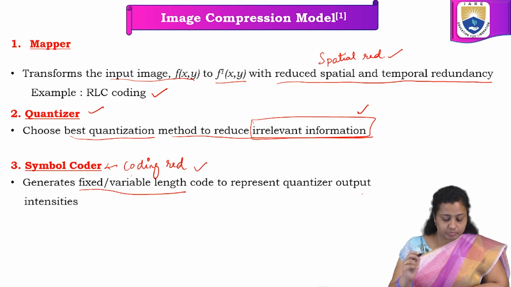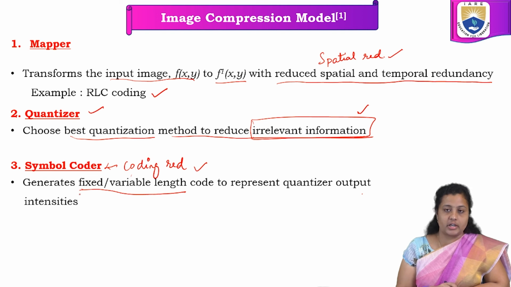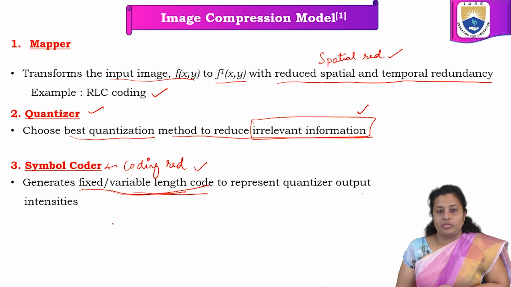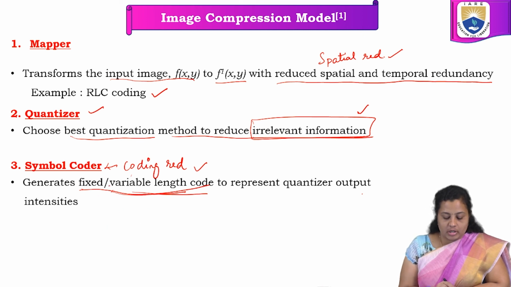The symbol coder generates either fixed or variable length code. In our previous example, we have seen that the variable length code is the best possible, and a lot of redundancy can be removed. So we will continue our image compression techniques with variable length coding.